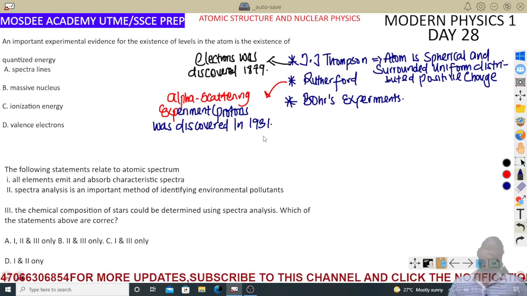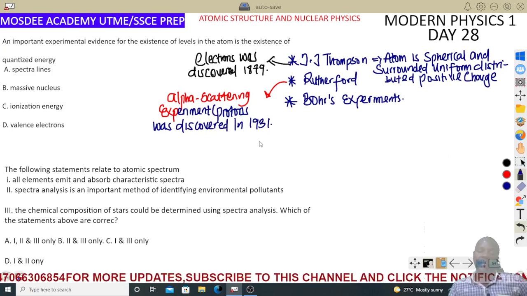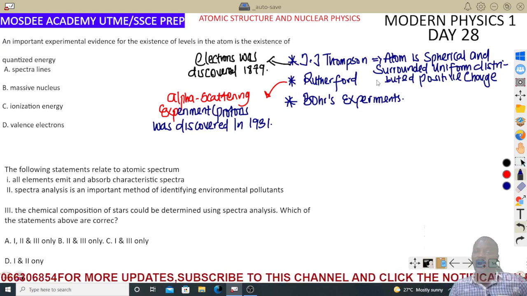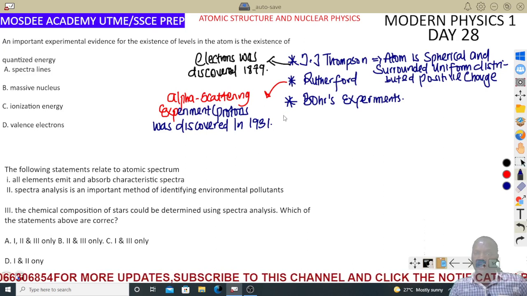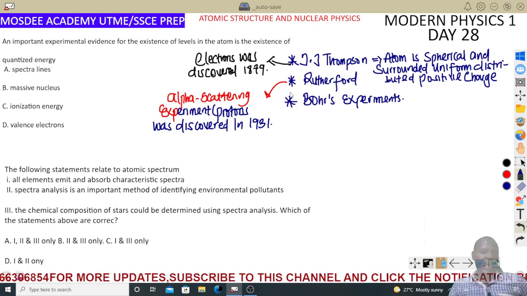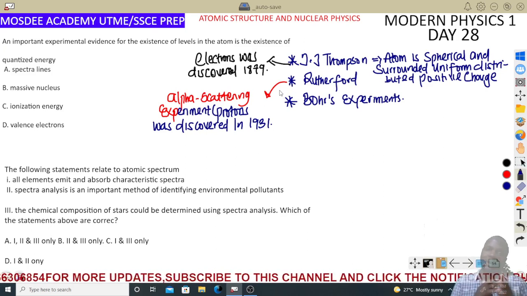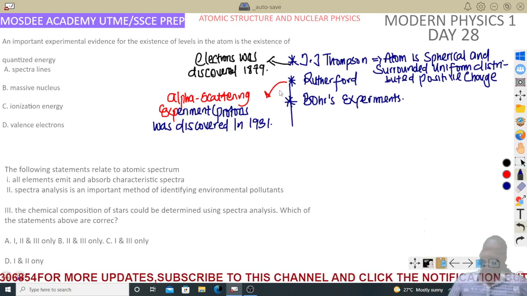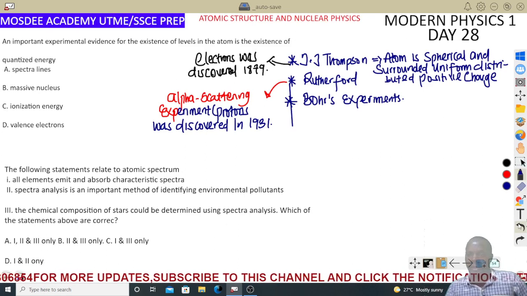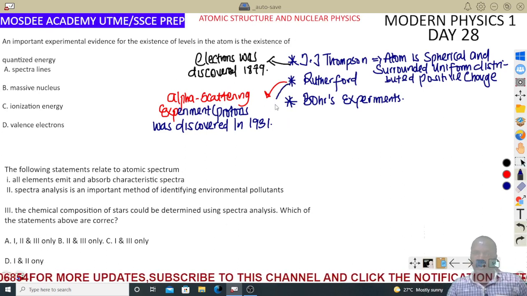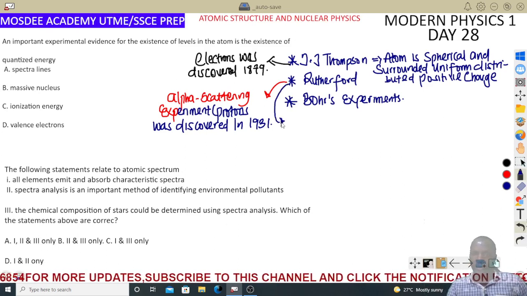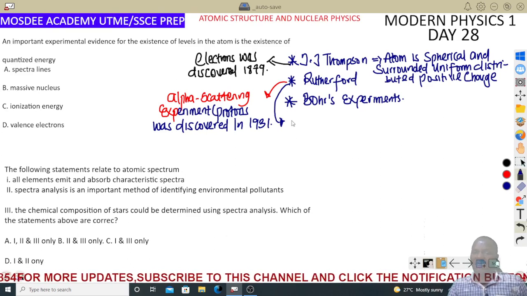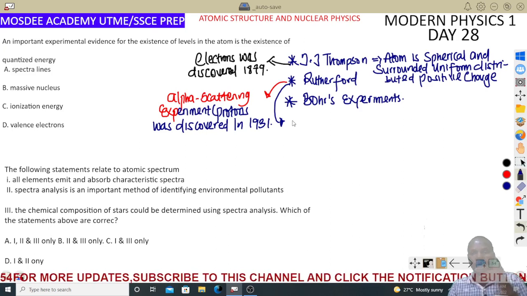This experiment was based on the alpha scattering experiment, and it was more about the central part, that is the nucleus. It talks about the distribution of electrons and the circulation of electrons around the particular nucleus.